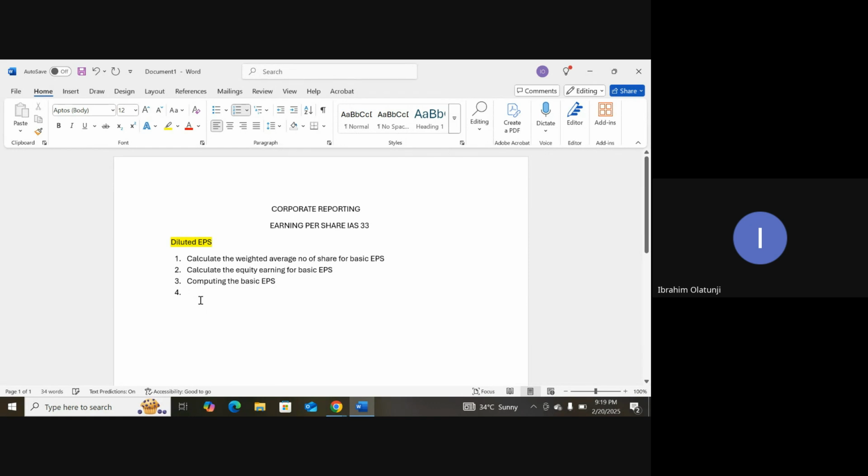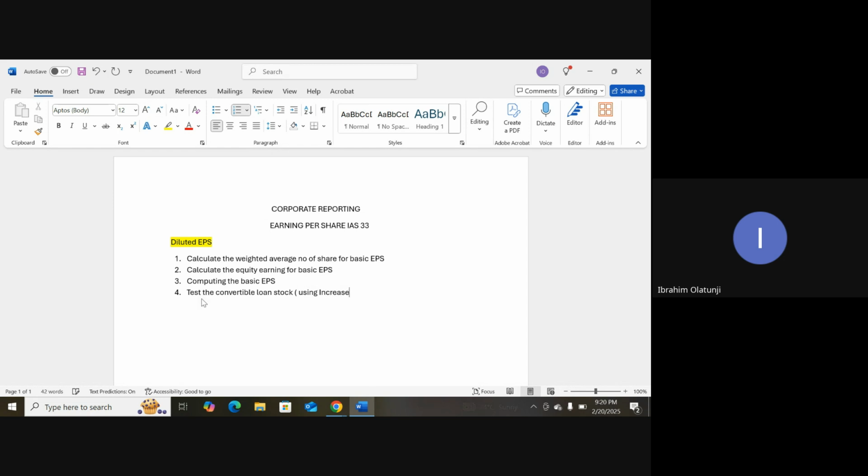And then number four, we test the convertible loan stock. And I said this convertible loan stock, you are going to use the formula using incremental EPS formula.